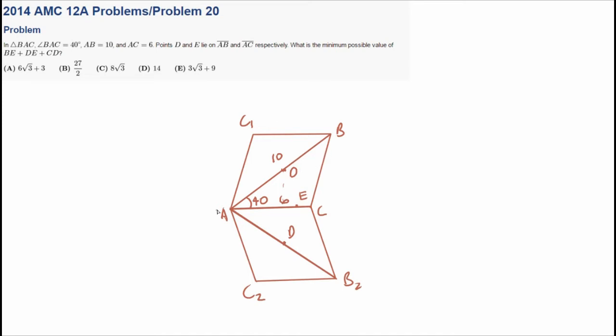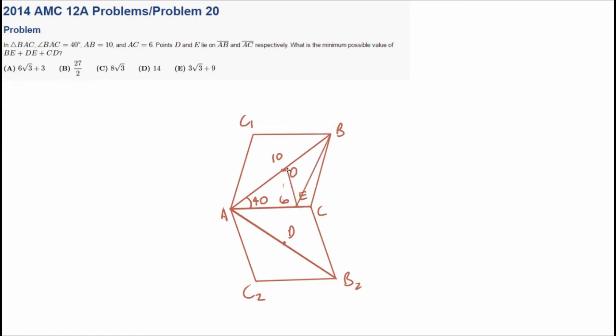And let's try to see what exactly I did here. We want to find the minimum possible value of essentially BE plus DE plus CD. So BE is this, right?